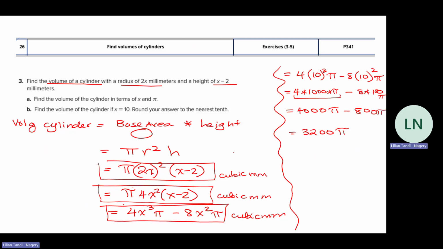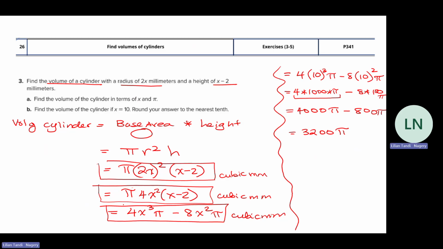Okay, then now I need to round this to the nearest tenth. So we need to change it to decimal. All right.